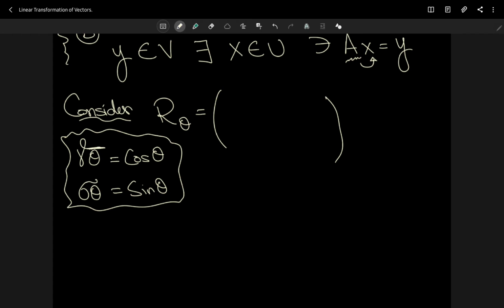So yeah, the rotation in R2 is written as cosine theta, minus sine theta, and sine theta, cosine theta, right? And this will of course act on R2.